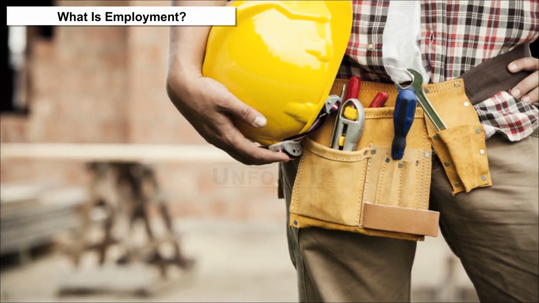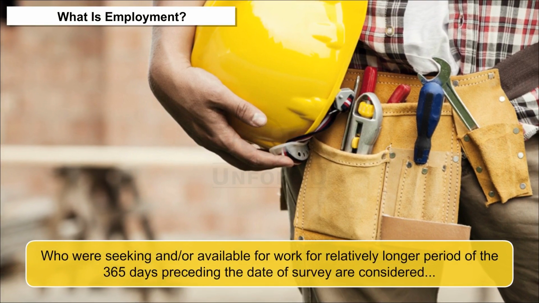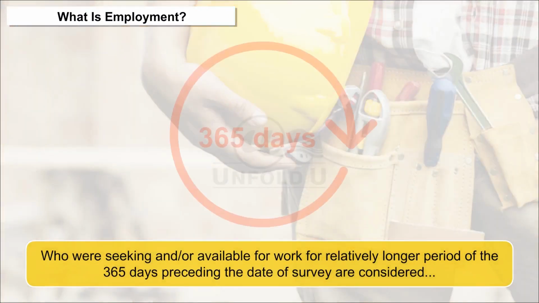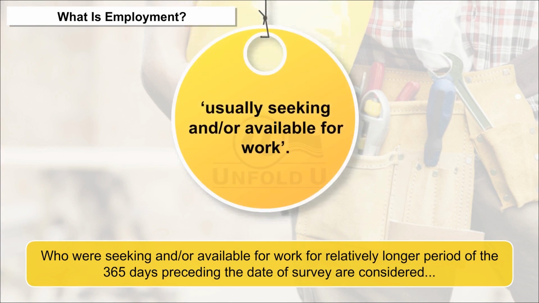Persons, on the other hand, who were seeking and or available for work for a relatively longer period of the 365 days preceding the date of survey are considered usually seeking and or available for work.